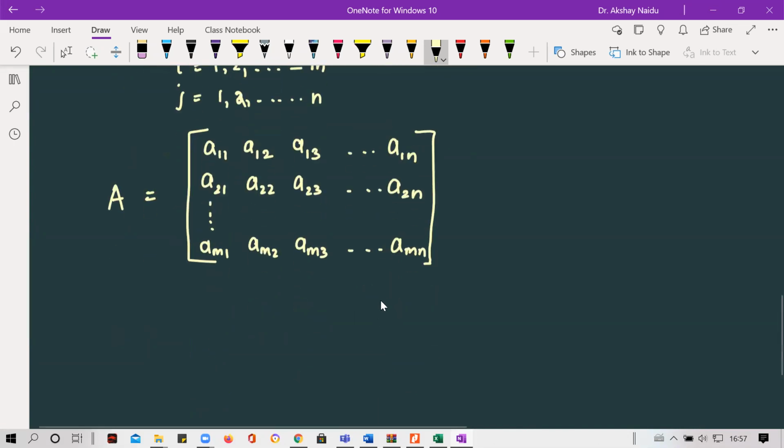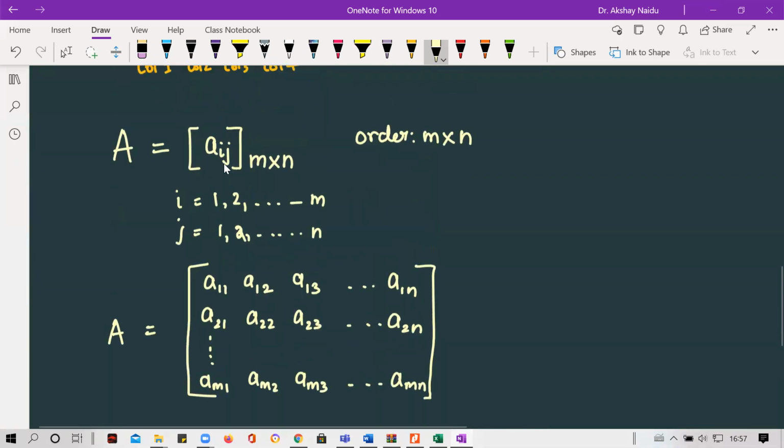So this is a matrix where in Aij, i represents the notation for the row and j represents the notation for the column.